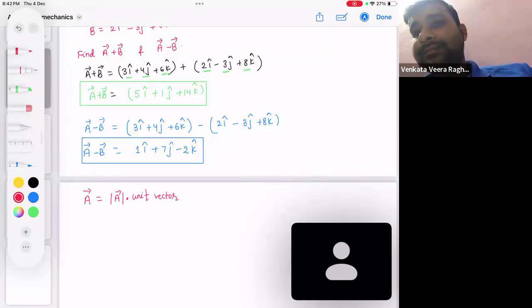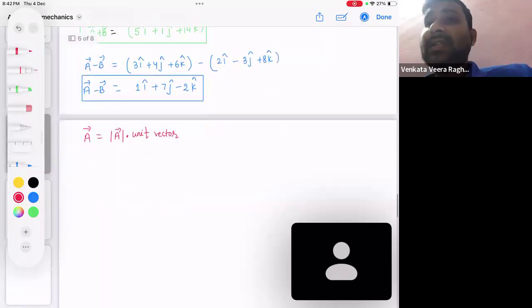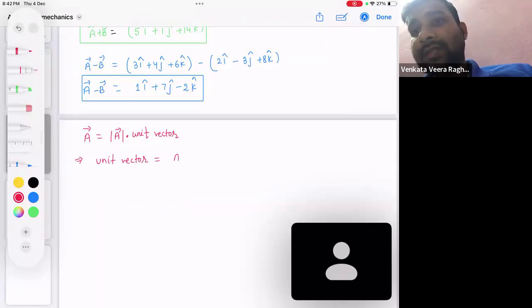Can we write it like this? If I want to write a vector, can I write it this way? A vector is the combination of its magnitude and the direction. Magnitude we have represented as the mod of A, and direction we are representing with the help of the unit vector. So how can we find a unit vector?